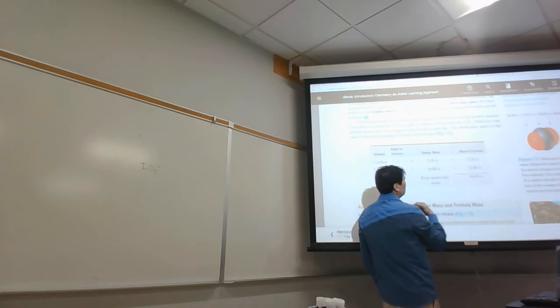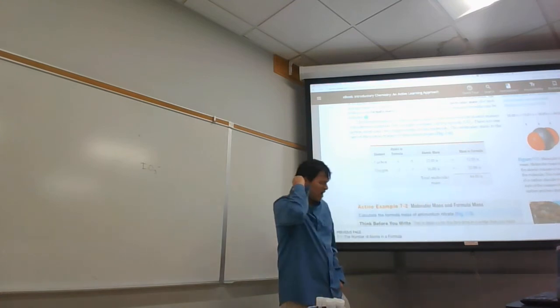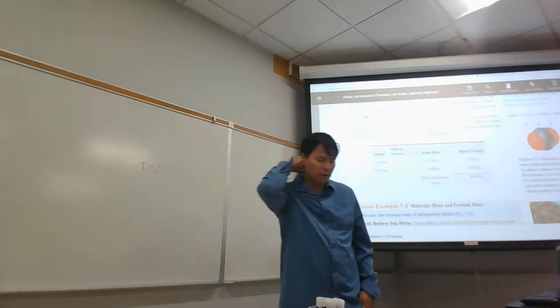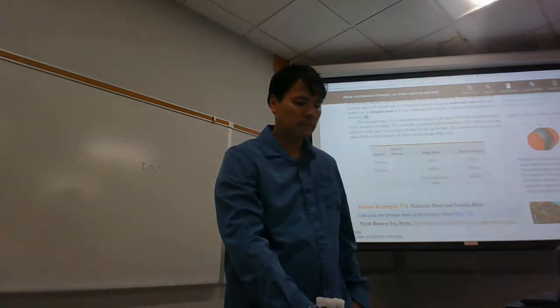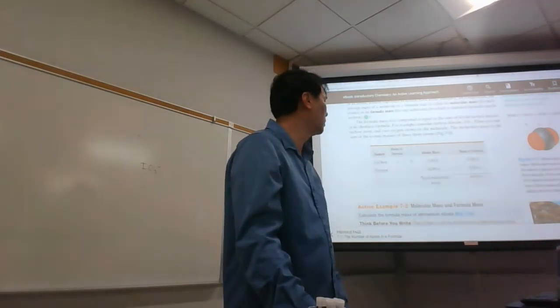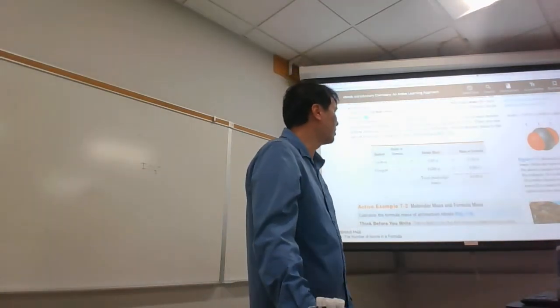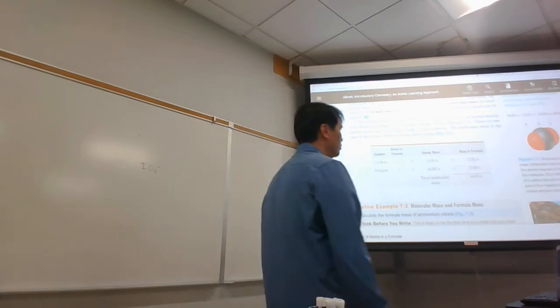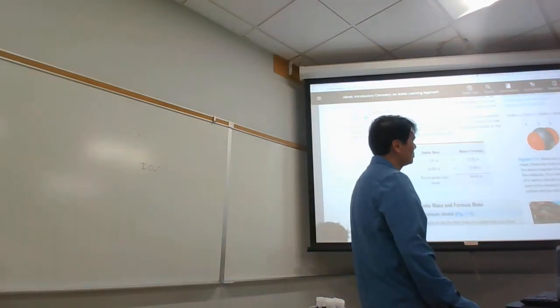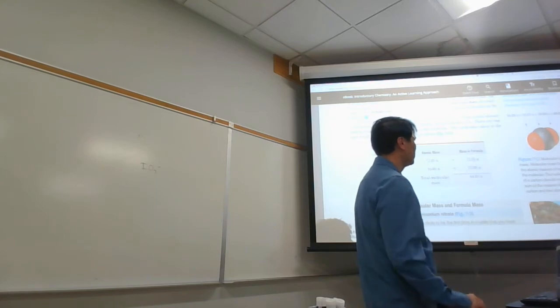44.01. The reason we look at the average is because normally we look at a lot of molecules. So it's rare that we work with just a single one. Let's say I had a billion CO2s. If I had a billion CO2s, I'd probably just want to know the average mass of the CO2.